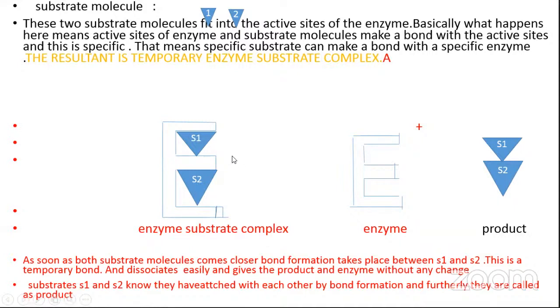And this complex, by undergoing further reactions, gives the enzyme and a new product. And this new product is developed by the joining of substrate molecules with one another. This end product will be produced.